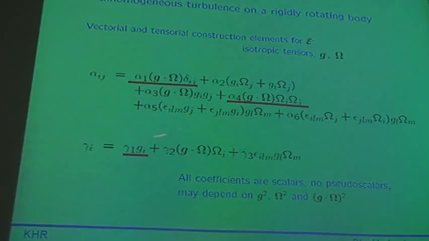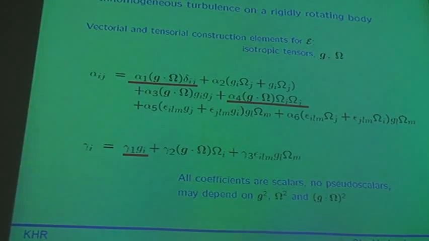Okay, and you rediscover here the alpha effect, now with G omega, which makes the pseudo property of this quantity. I have underlined this. It is one reason for an anisotropy of the alpha effect.